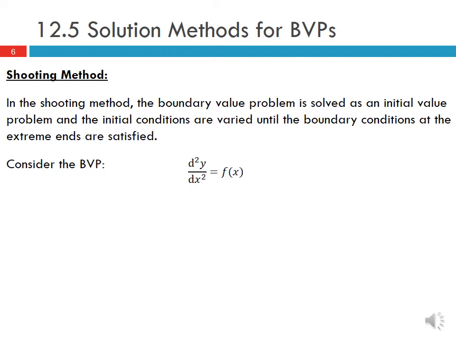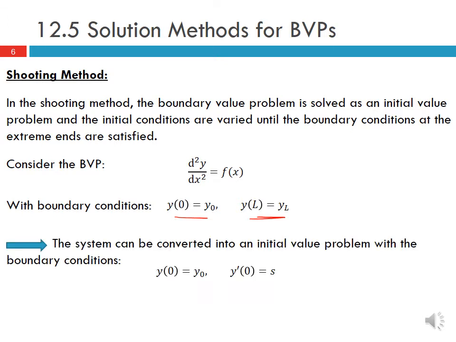If we have this boundary value problem, d2y/dx squared is equal to some function of x, with boundary conditions y at 0 equal to y0, and y at L equal to YL, we can convert this system into an initial value problem with the boundary conditions y of 0 equal to y0, and the derivative of y at 0, or y prime of 0, equal to some variable s.